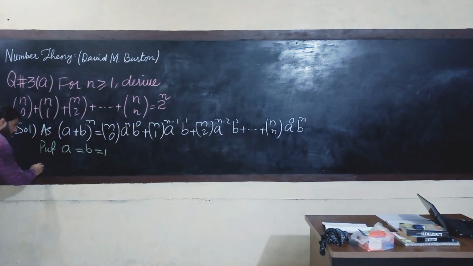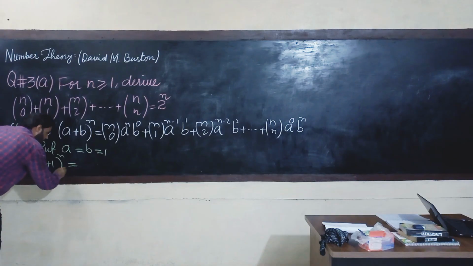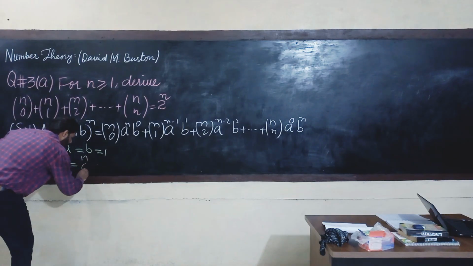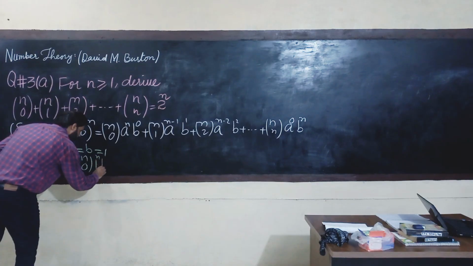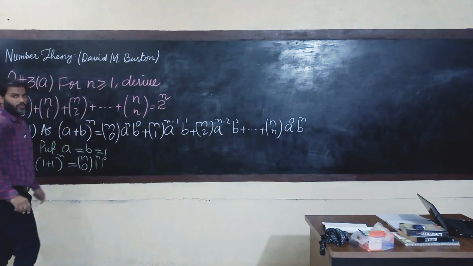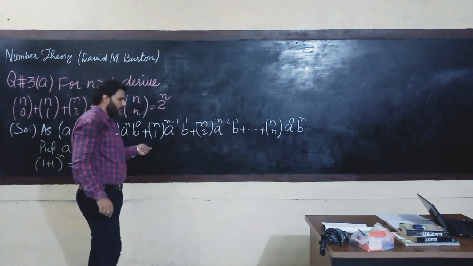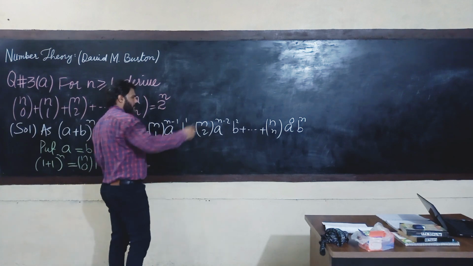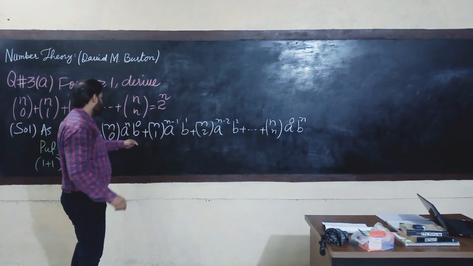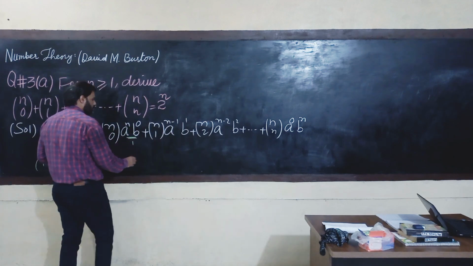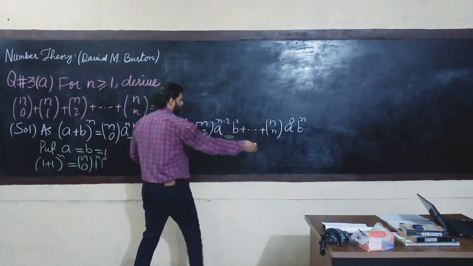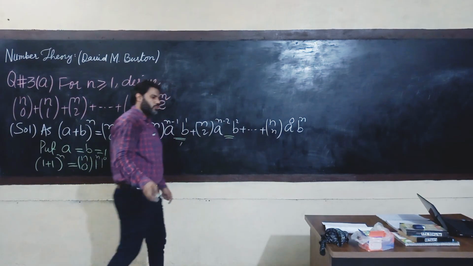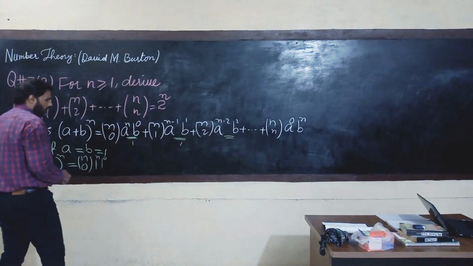We have (1 plus 1) whole power n is equal to n combination 0, a raised to power n, 1 raised to power 0. When you put a equal to 1 and b equal to 1, all these products are simply equal to 1. This is equal to 1, this is equal to 1. Similarly, the last term is also equal to 1.